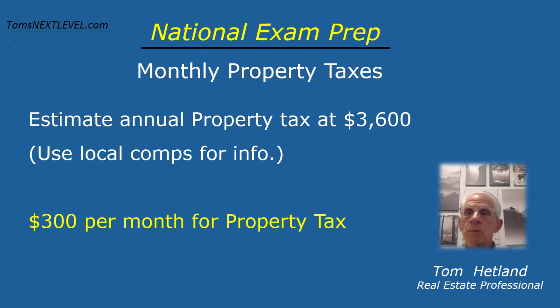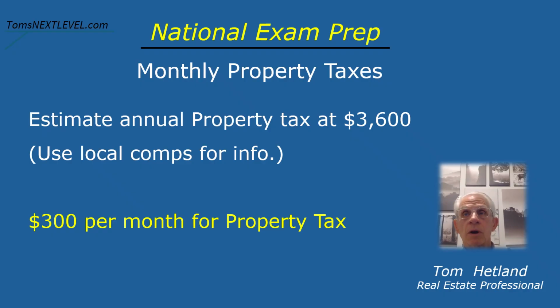Well, that covers the principal and interest portion of the PITI payment. Let's talk about property taxes. That's a simpler calculation. We can estimate the annual property taxes by using local comps you might find on the internet or in other realtor sites. But in our example, we'll use $3,600 as an annual property tax.